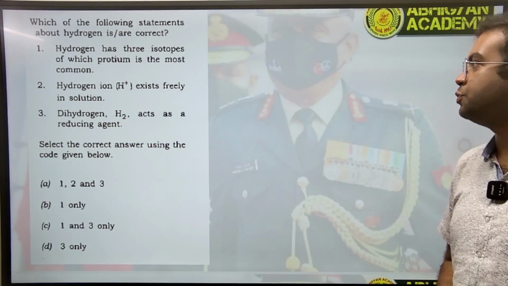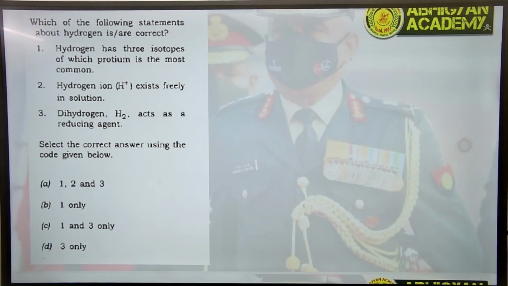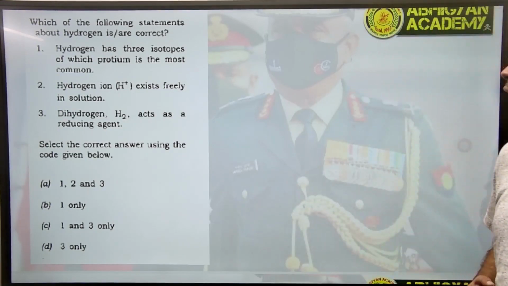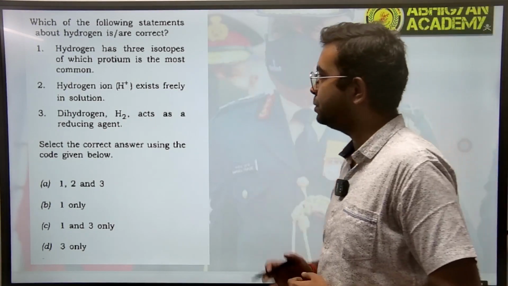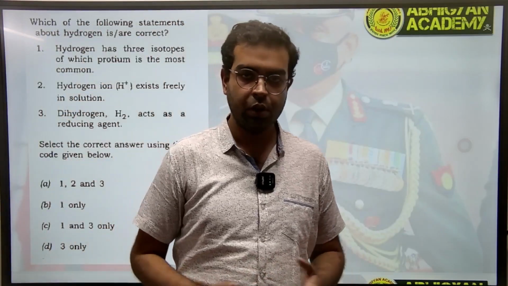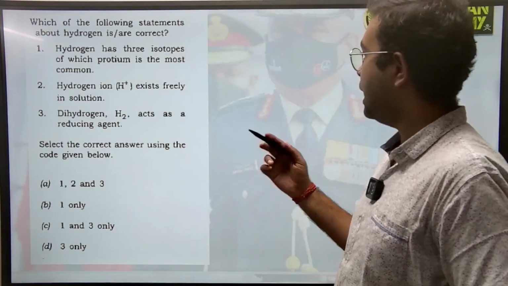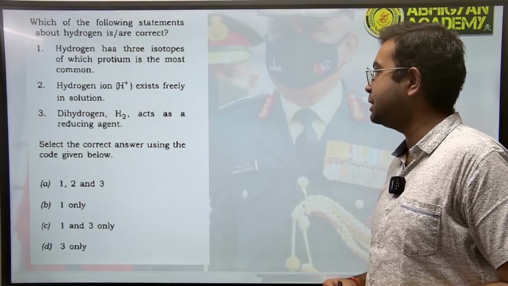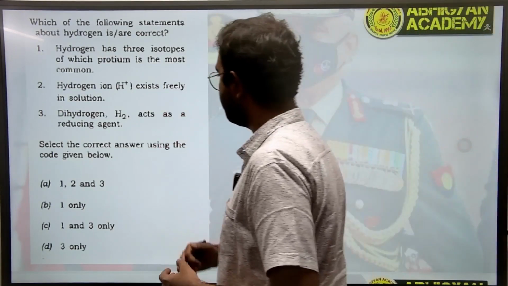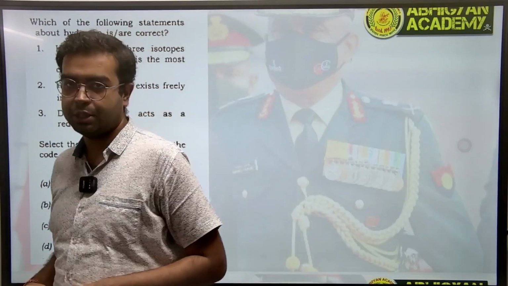Now the next question is, which of the following statements about hydrogen is or are correct? Hydrogen has 3 isotopes, out of which protium is the most common. Hydrogen ion H plus exists freely in solution. Dihydrogen H2 acts as a reducing agent.